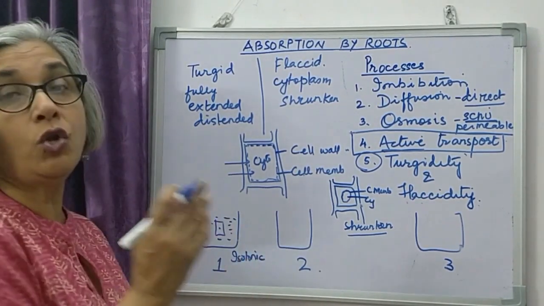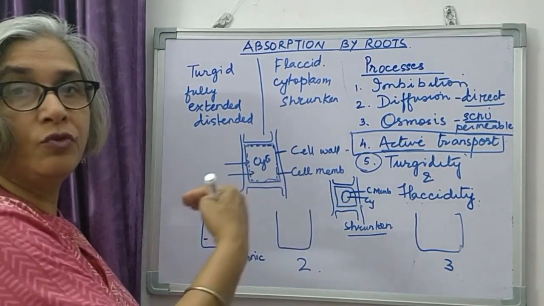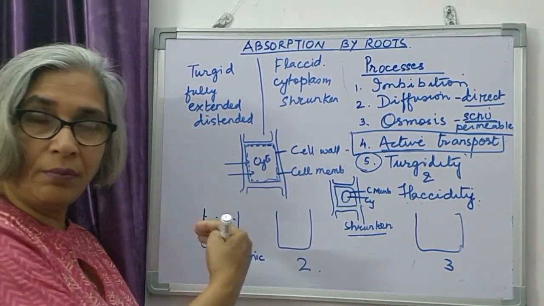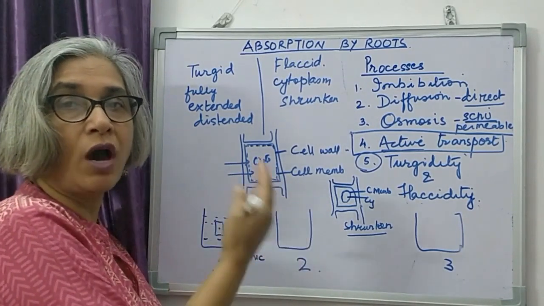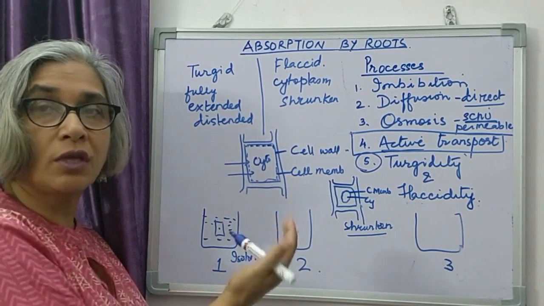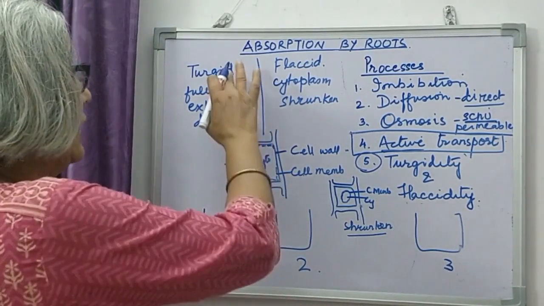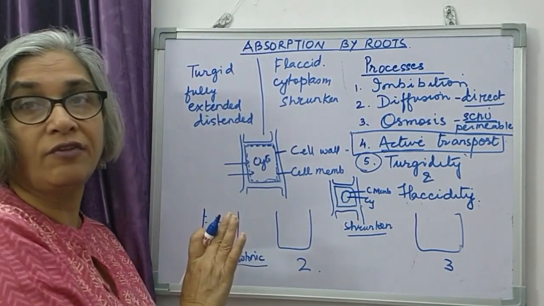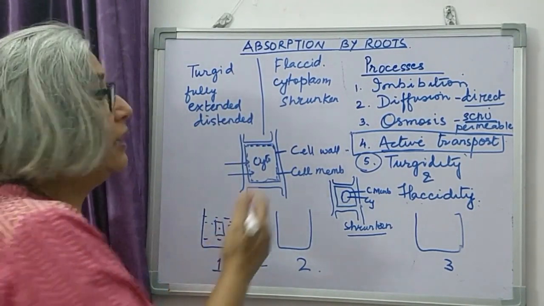So there will be no osmosis. No osmosis means if water moves through the cell wall and the cell membrane into the cell, the same amount of water will move outside into the surrounding medium. So the cell will remain in a turgid state. There will not be any change in the cell.